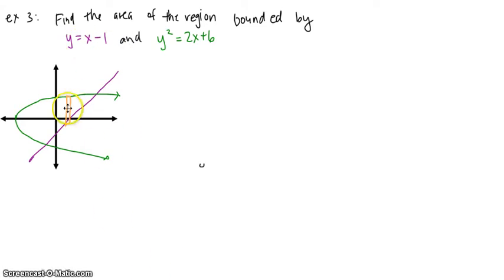However, if I were to draw the rectangle, move the rectangle over this way, notice what would happen. The height of the rectangle is a green curve minus the green curve, which will yield 0. So that doesn't give us anything. It doesn't actually tell us anything when we know that there is a most definite area here.